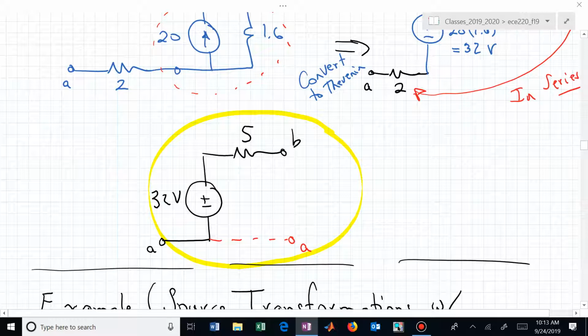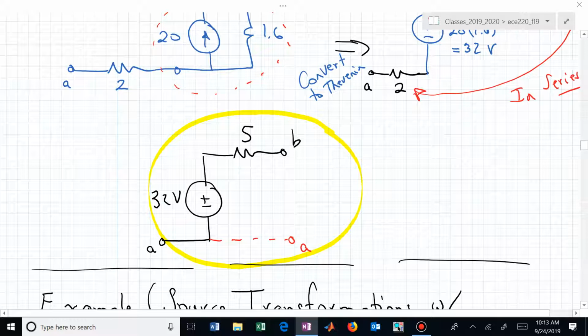So now the power developed or supplied is not the same internal to A and B, is it? But external to A and B, it's fine. That's what you're worried about. You want to now analyze what's happening external to AB. So you're taking this black box, and out pops this nice series voltage source with a resistor.